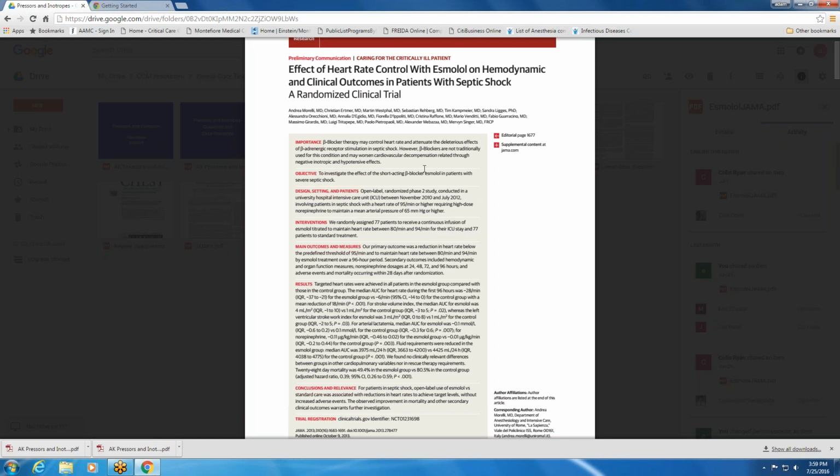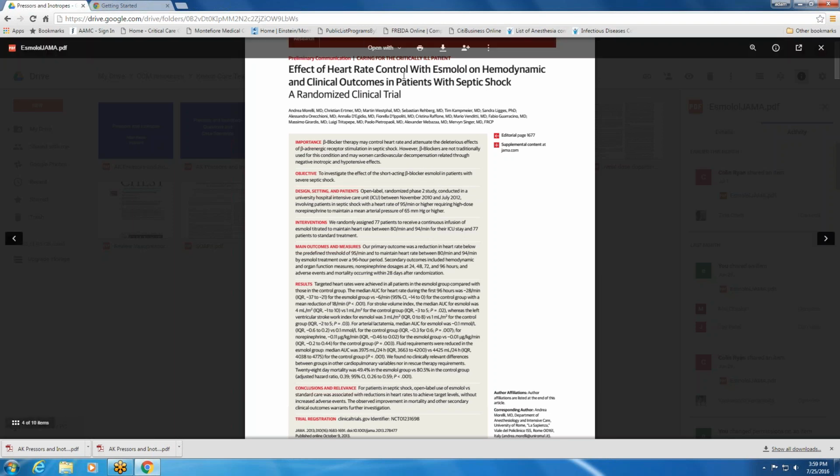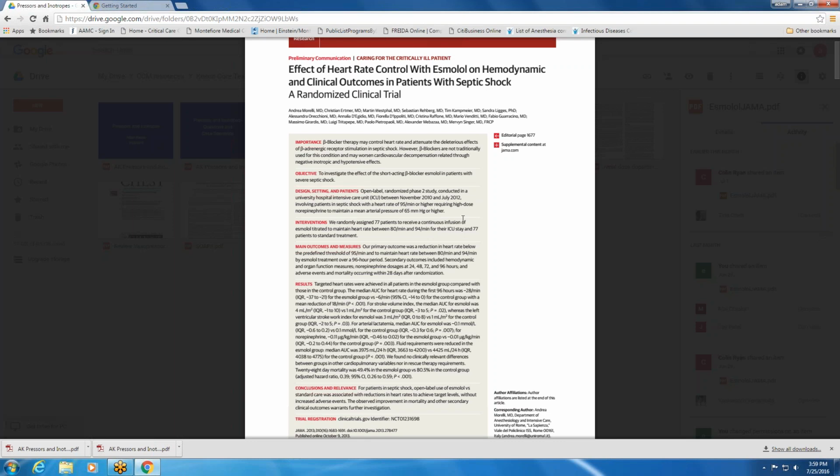It took patients who were relatively tachycardic in septic shock and randomized them to either ongoing standard of care management or esmolol, which is a very short-acting and titratable beta blocker, to bring their heart rates down to between 80 and 95. And they had amazing results across the board.